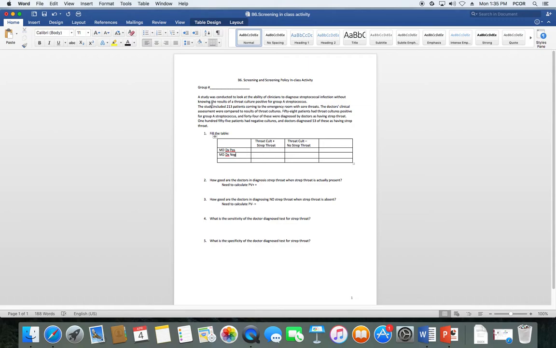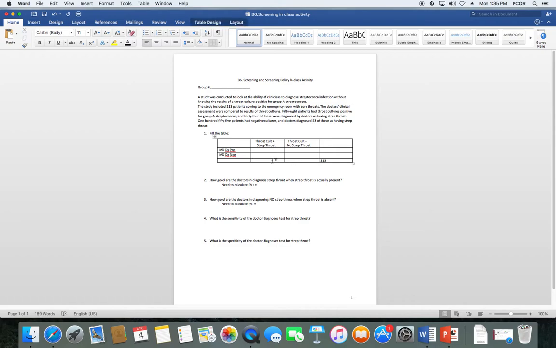So let's look at the exercise. The study included 213 patients. Immediately put that number where all the column and all the row totals, 213. Reading this exercise, 58 patients have throat culture positive.